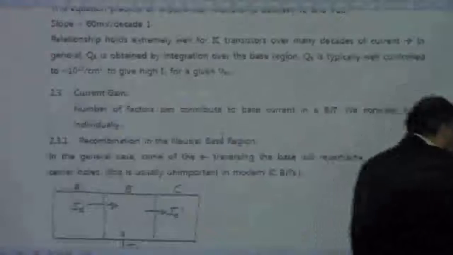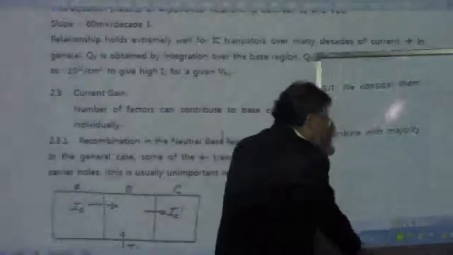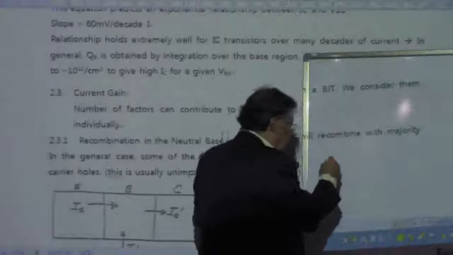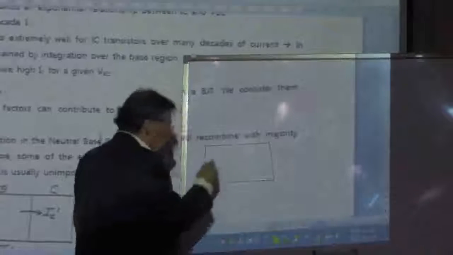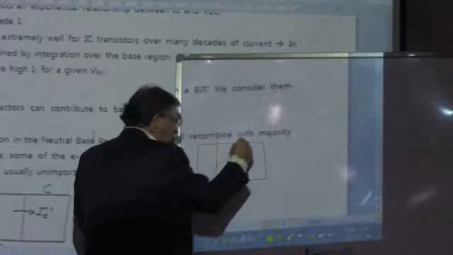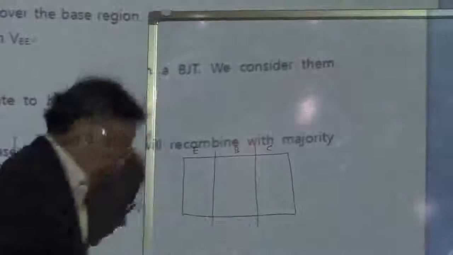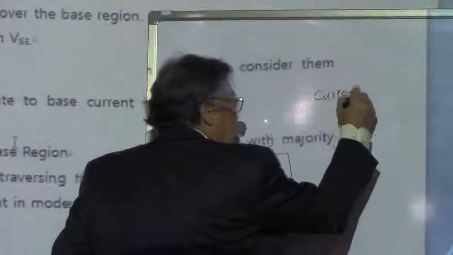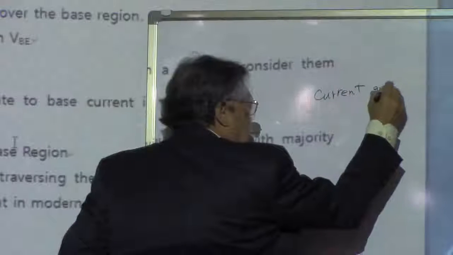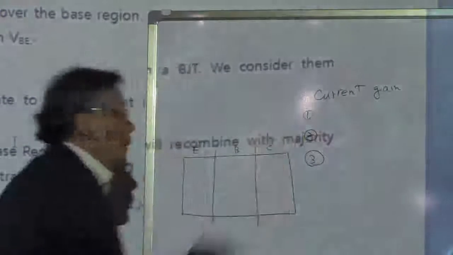Let me see, if you have a bipolar transistor, this is emitter, base, collector. As far as the current gain is concerned, we have three factors, 1, 2, 3, that are important.